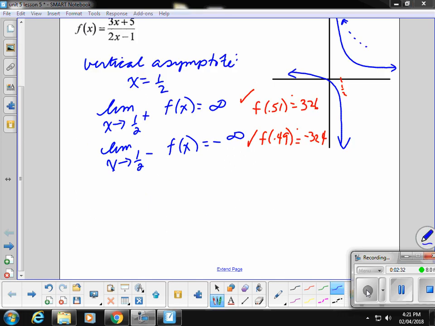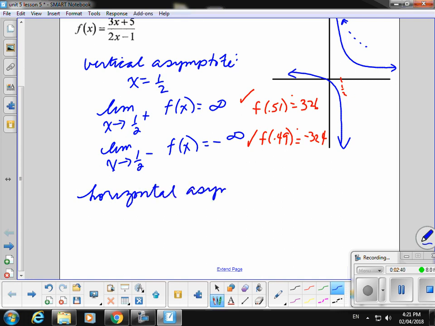Horizontally, as I was tracing along with my Desmos, it looked like it was approaching about 1.5 as we go further and further to the right and further and further to the left. Let's look at our method from yesterday.